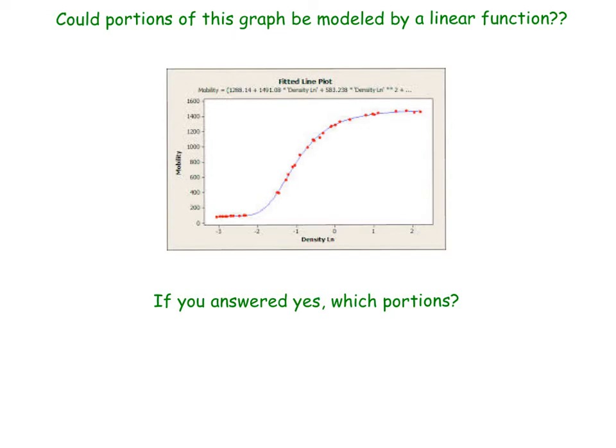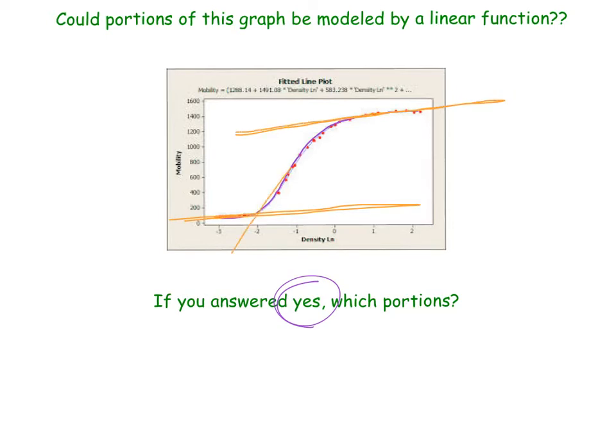Next, we're asked if portions of the graph model below could be represented as a linear function. And they actually could. So yes, they can. And it's because notice that even though this is a nonlinear graph, what happens if we look at just this bottom part? Oh, that's linear. And what about just this top portion? We could make that a linear graph.